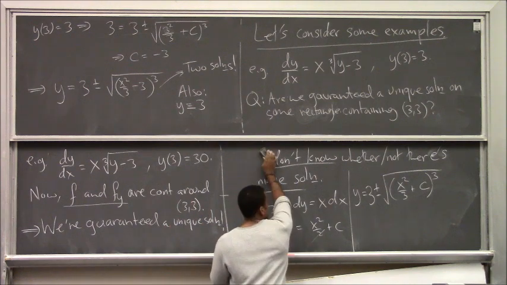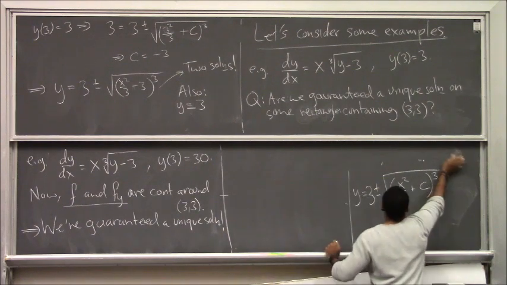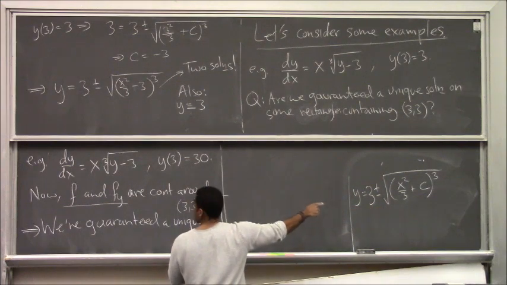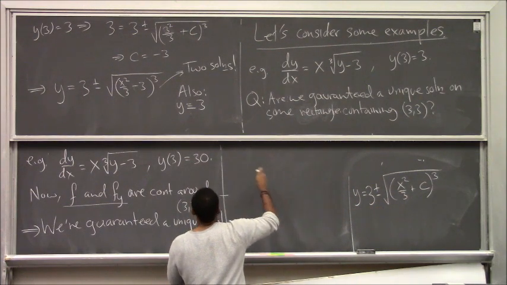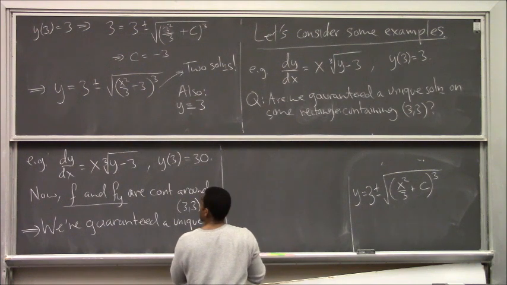Let's actually find it. So separation of variables is going to bring us here, right? Replace the 3 with 30.